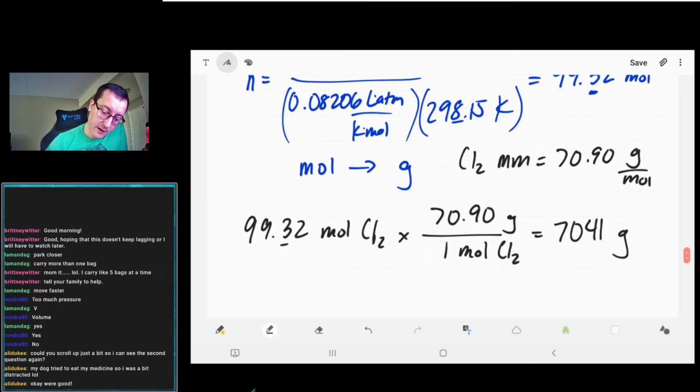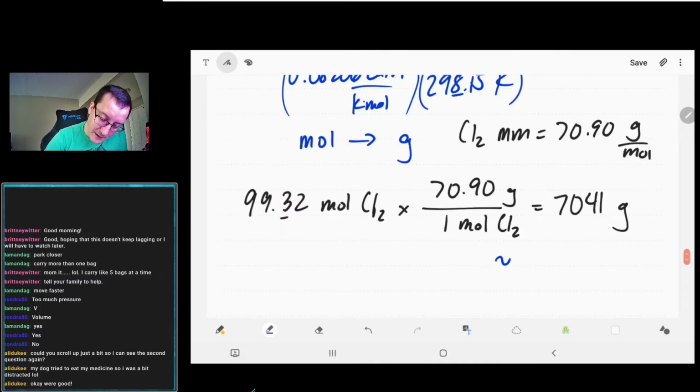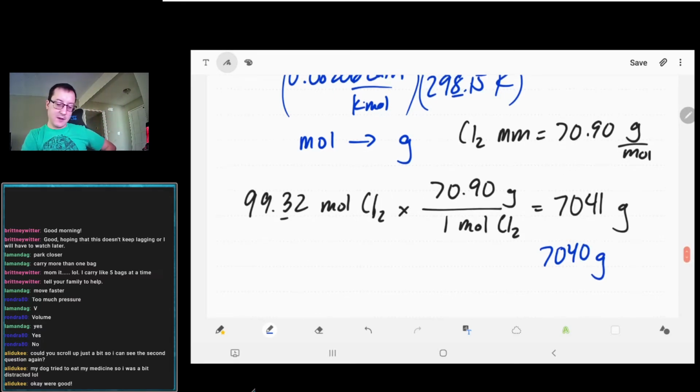And with the sig figs, it looks like we're going to have 3. So lucky us, we're going to need scientific notation here. No, we're not. We can just leave it as is. So with sig figs, we would get 7040.